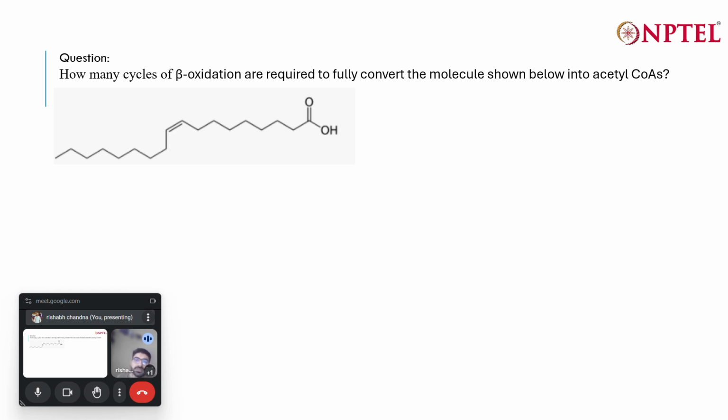How many cycles of beta oxidation are required to fully convert the molecule shown below into acetyl coenzyme A? So what can be the correct answer?